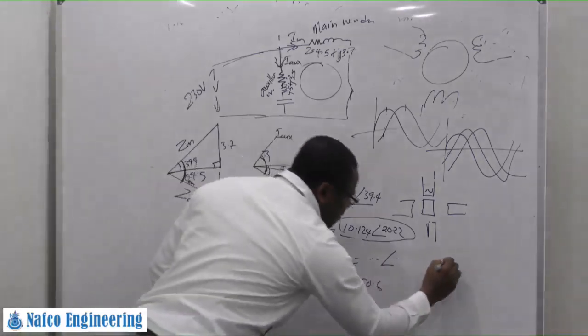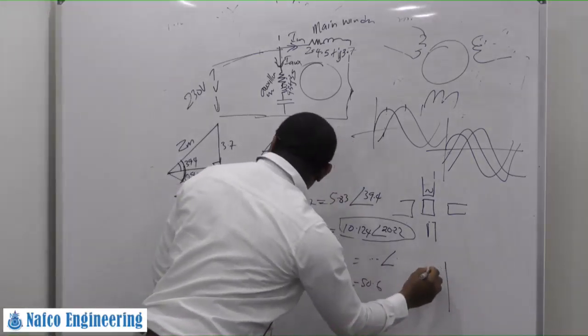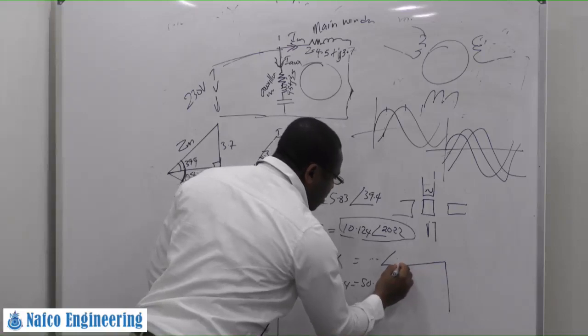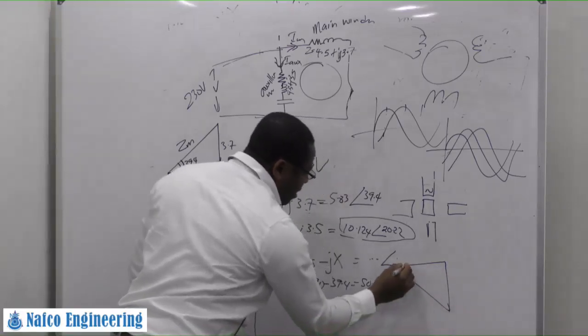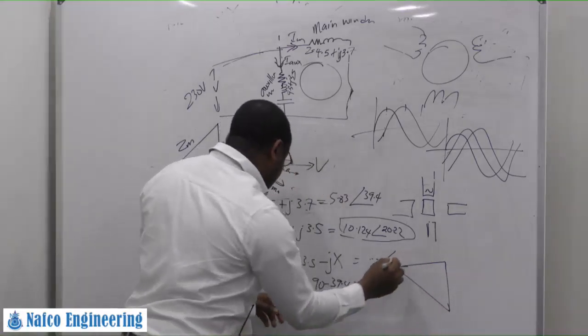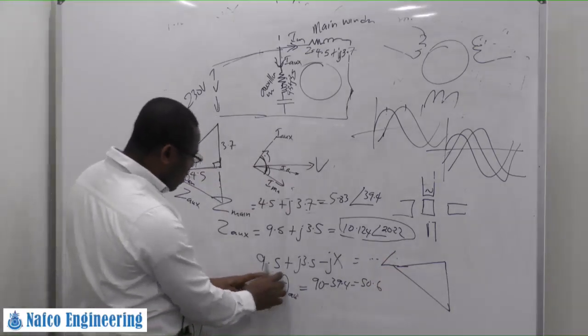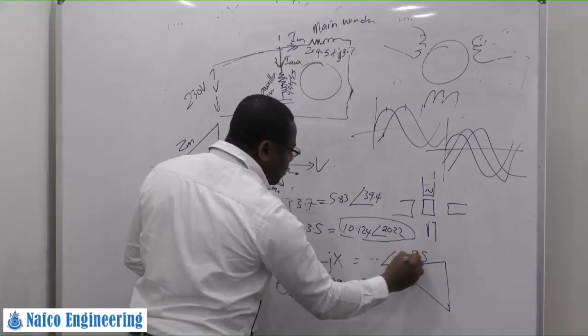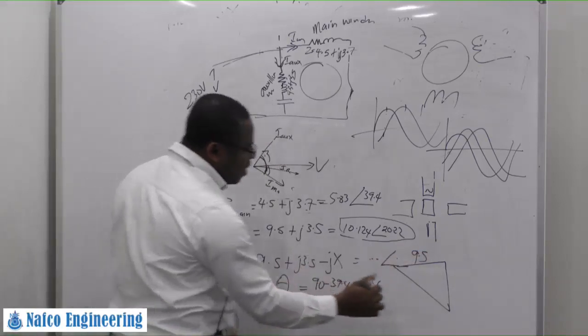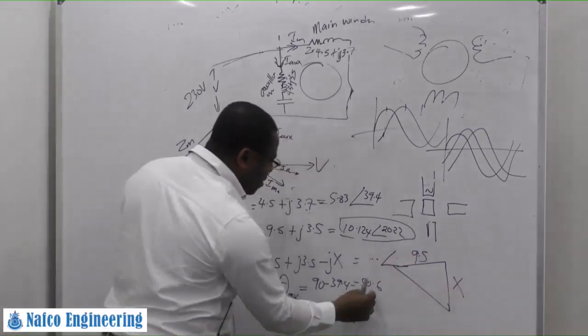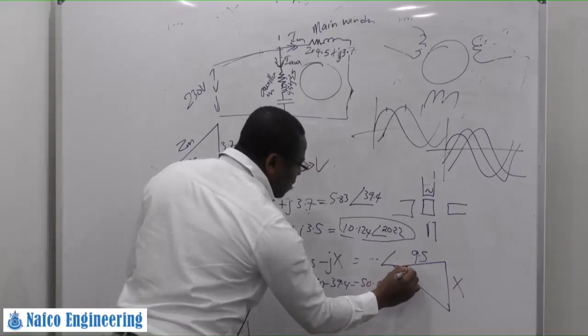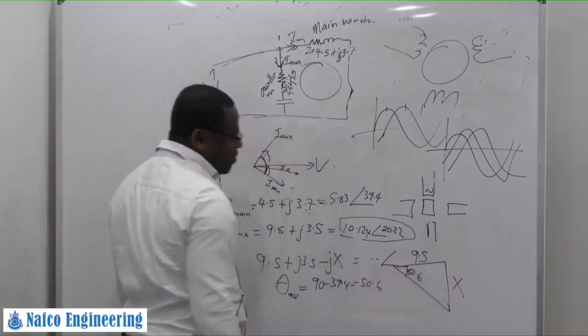If I want this to be like that, where this one will remain the same, it's not changing. Look at this. The active side is not changing. The one that is changing is here. So I want this angle to be 50.6.